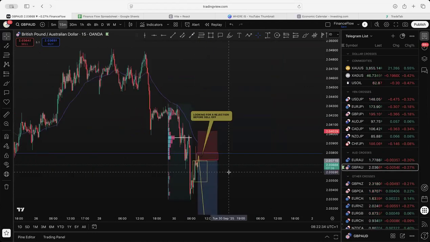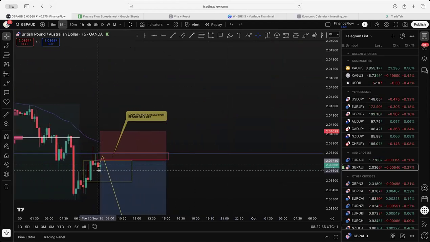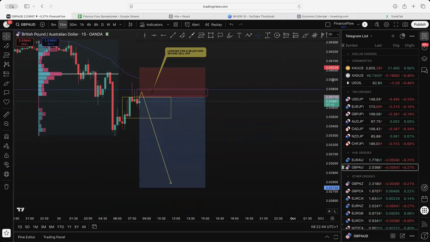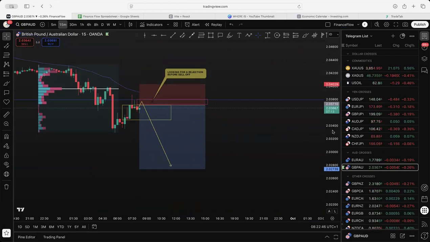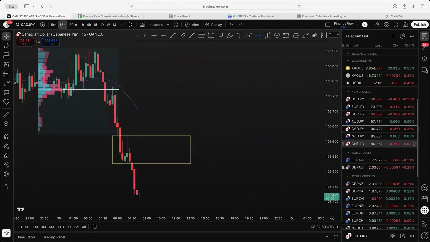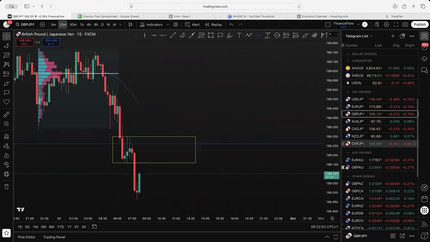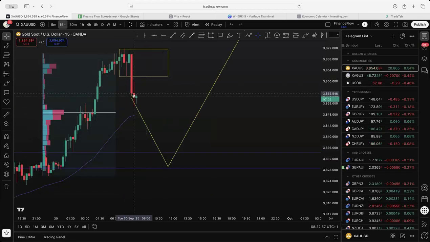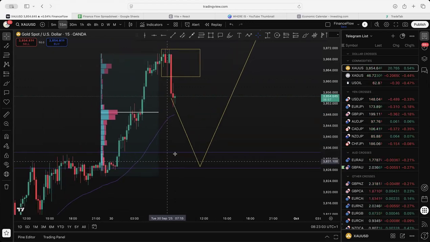GBP AUD as well is one where I'd like it to come up and retest this area, and then I'd probably be looking to enter to the downside here. So that's three trades that we will be looking for. I'm going to hold off on yen because I don't want to buy it. It's trending too hard to the downside. Then we've got gold, which could come down and retest into this area.